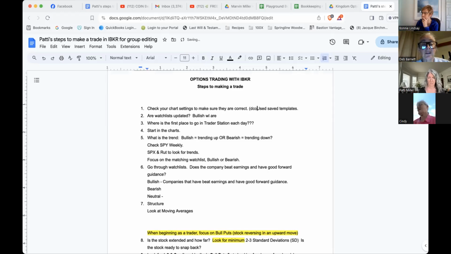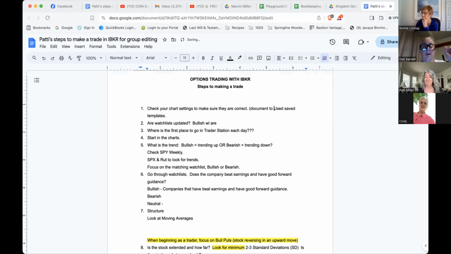Really, if they just did up one chart that said, here's what your chart indicators should be, and within the indicators, here's what the different parameters should be, then we'd have it. Beautiful.